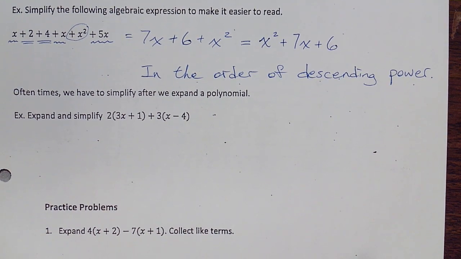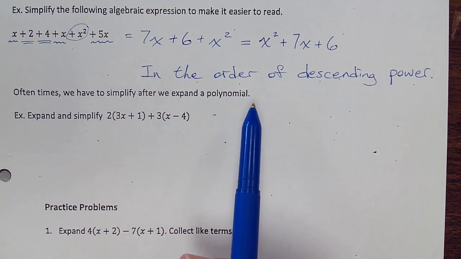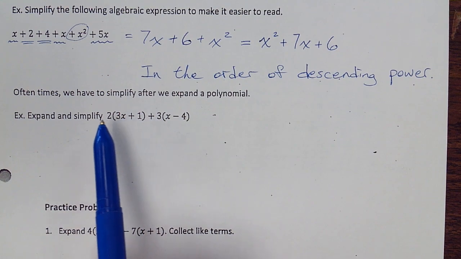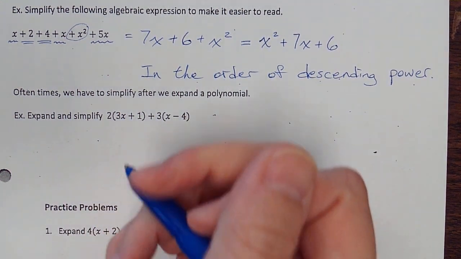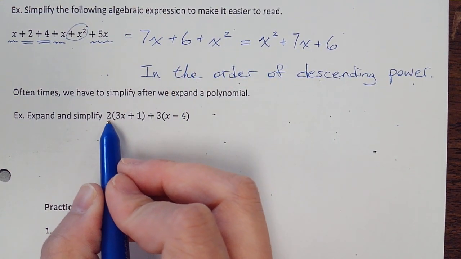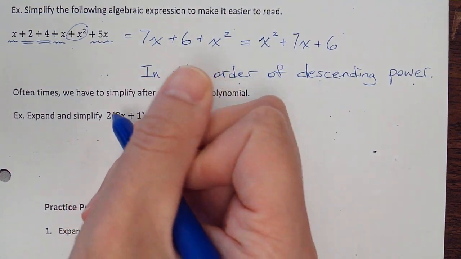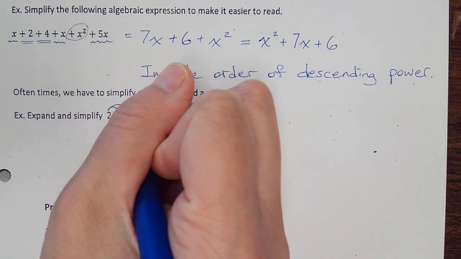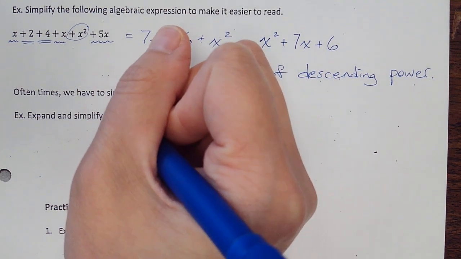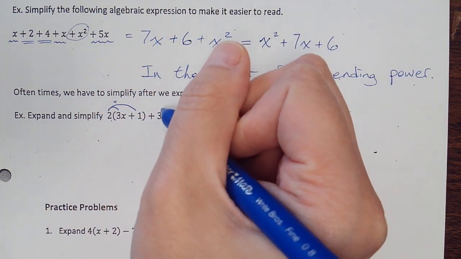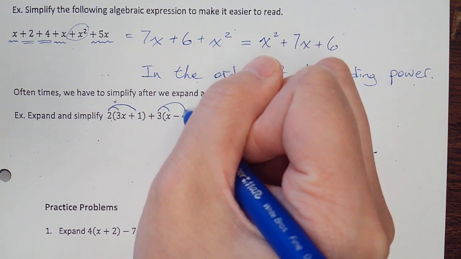Right. So oftentimes we have to simplify after we expand a polynomial. So yesterday, notice the question now says expand and simplify. So there's a 2 outside the bracket. What do I do? Yep, Jaden? Multiply the 2 to everything inside the bracket. Here, same thing. I have to multiply the 3 to everything inside the bracket.